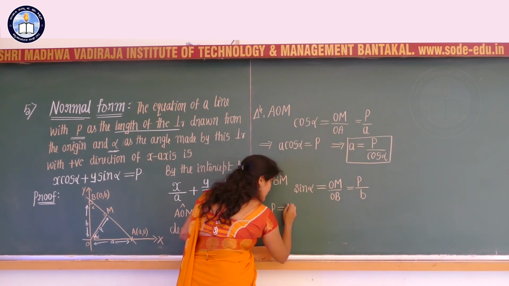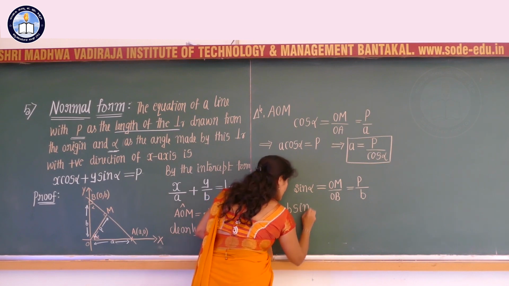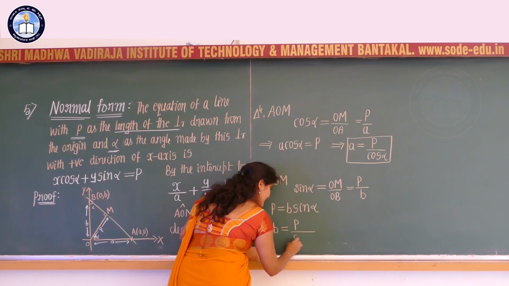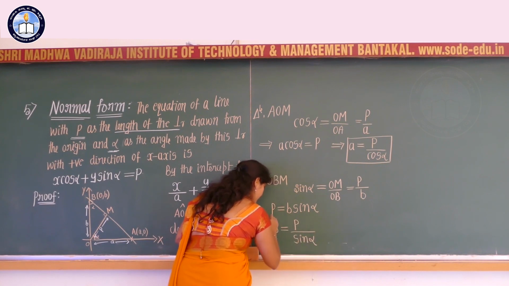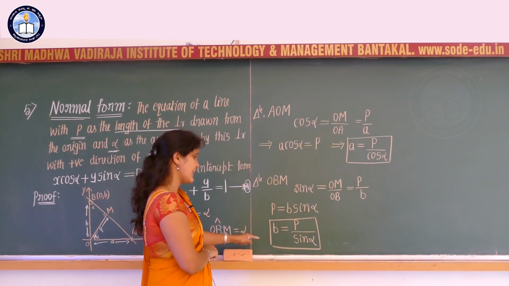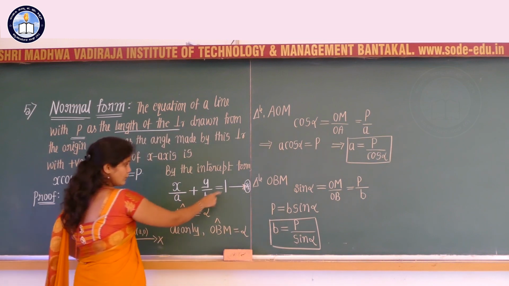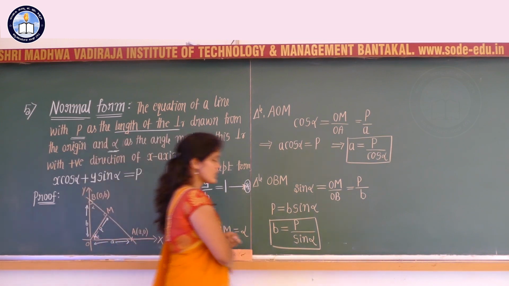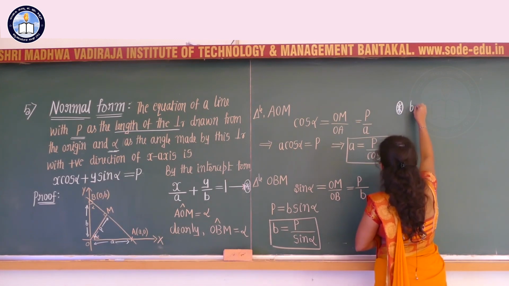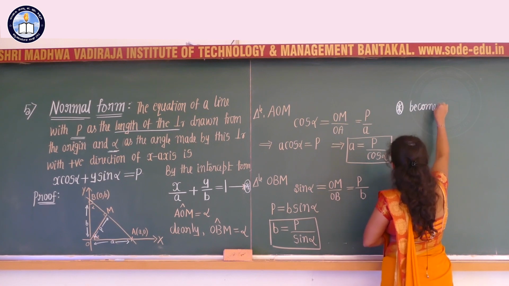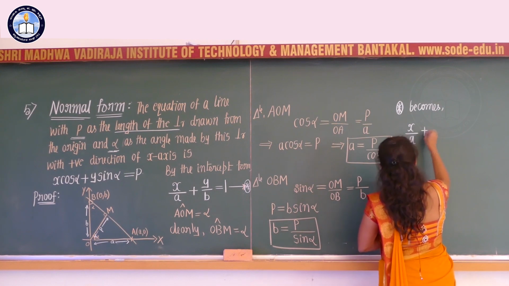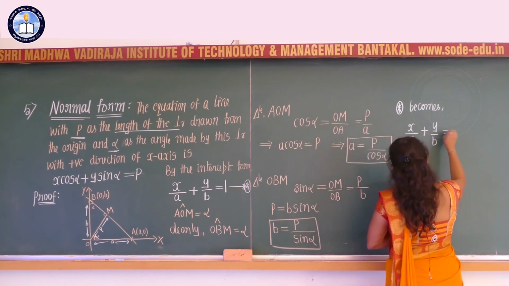So I can write P is equal to B into sin alpha, or B can be written as P divided by sin alpha. So we know the values of A and B, and equation star can be written as: x divided by A plus y divided by B is equal to 1.